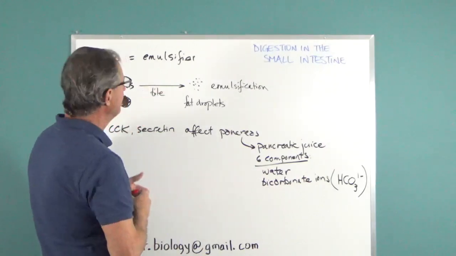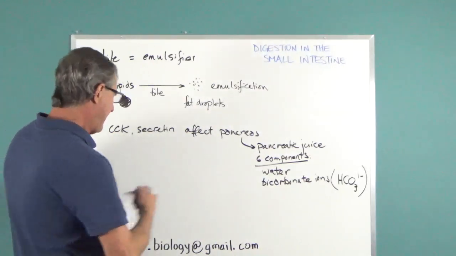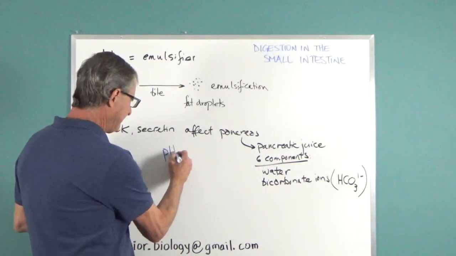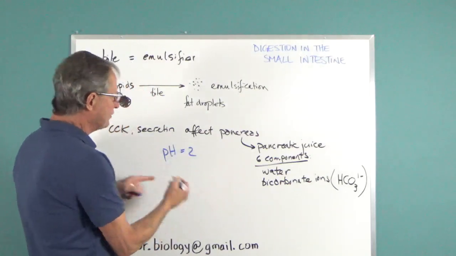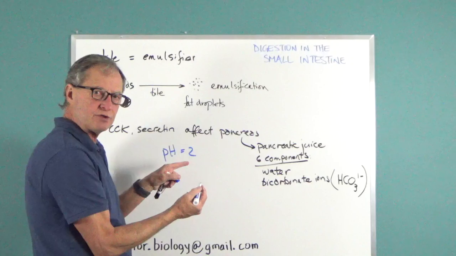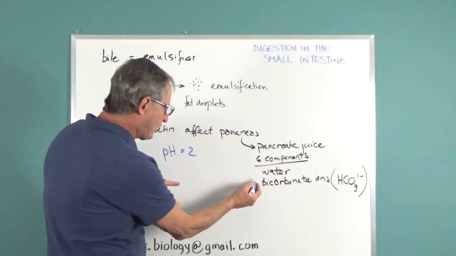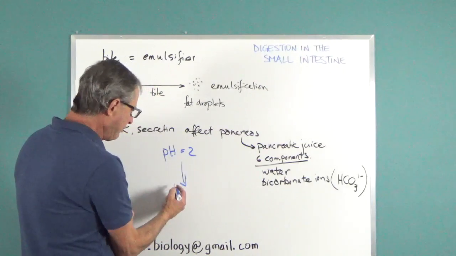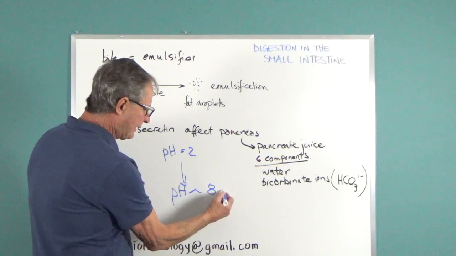because we have a substance which has a very, very low pH. Acid chyme is a pH of 2. The enzymes which work in the duodenum don't work at a pH of 2. They work at a pH of about 8.3. So what the bicarbonate ions do is they raise the pH to about 8.3.